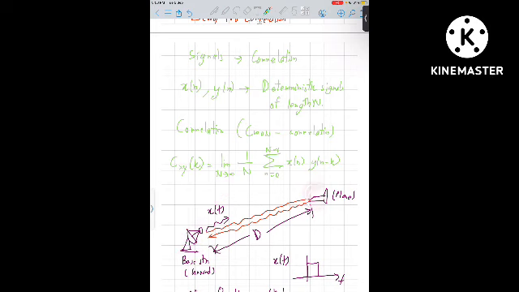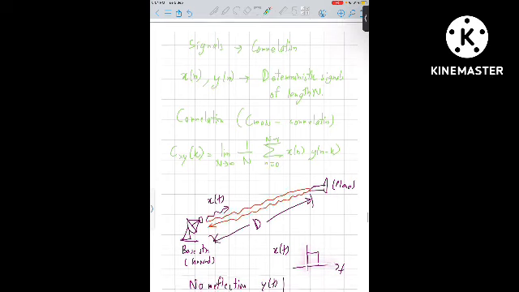If you know the principle of radar, the pulse will go, hit the target and come back. Before you get the reflection, when there is no reflection, your output y(t) is just some noisy signal, because of the noise in the environment and in the electronics.